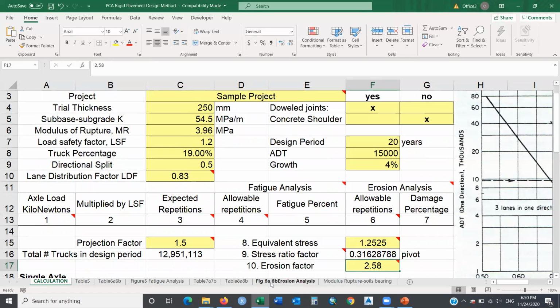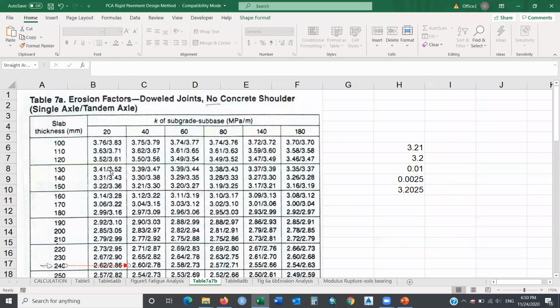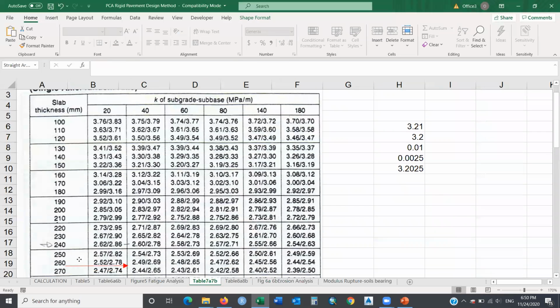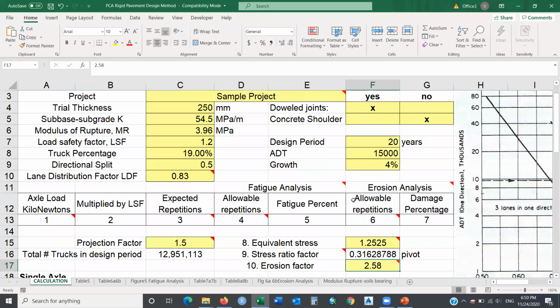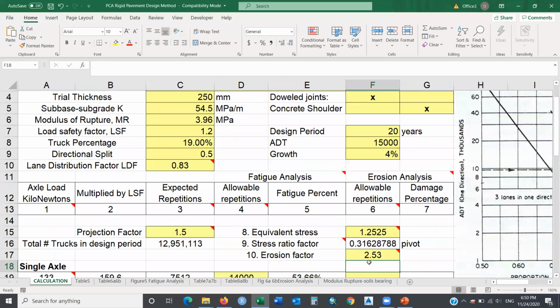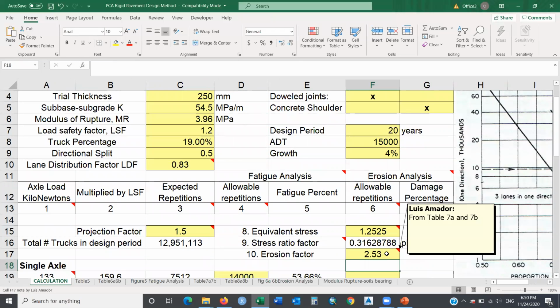Erosion, 250. Somewhere between 253 and 254, but it's closer to 253. You can interpolate if you want, right? But you will see very soon that this is just a pivot point, so the decimals in excess really don't matter that much.